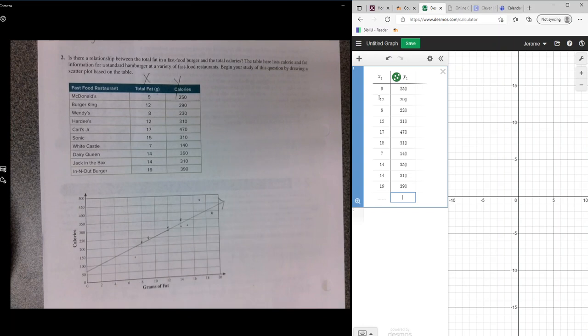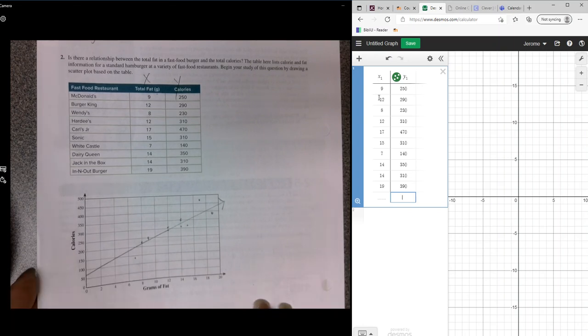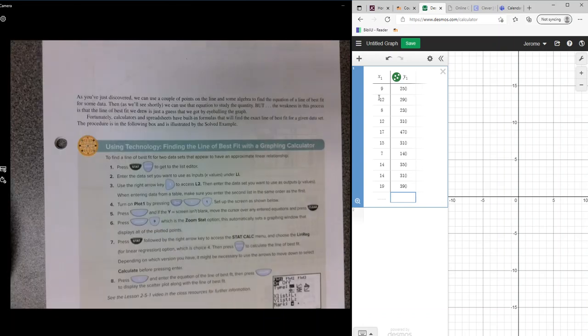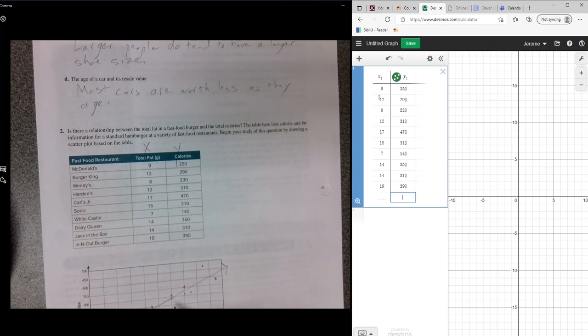Okay, now it asks us for problem number 4. It says identify 2 points on the line of best fit that you drew on your scatter plot and use them to find an equation for the line. Now when I look here, I actually hit 1 point. This was 12 and it looked like 290.